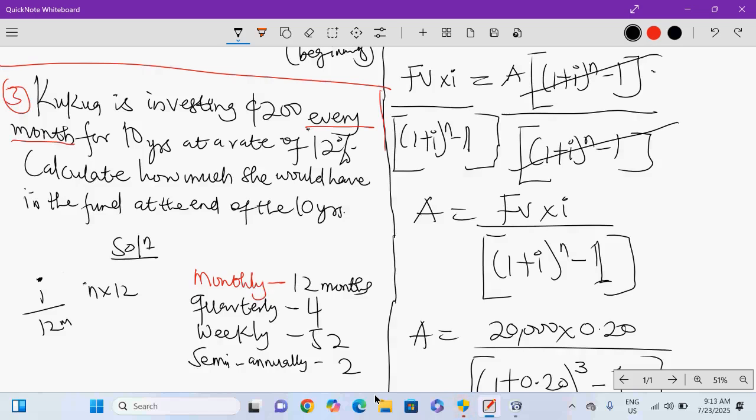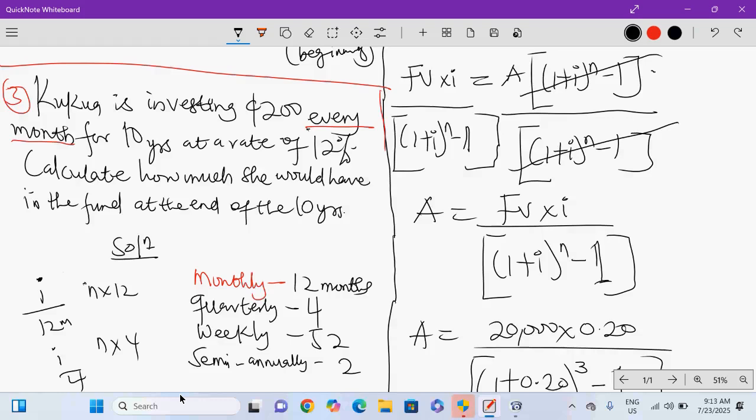Assuming it is quarterly, that means you are going to divide by 4, and then N will be multiplied by 4. So wherever we see I, we divide by the frequency or the multiple compounding. And wherever we see N, we multiply by the multiple frequency. Right? Yes. So that is how it is.